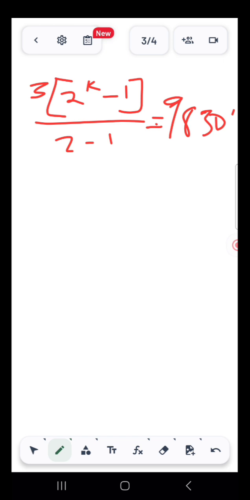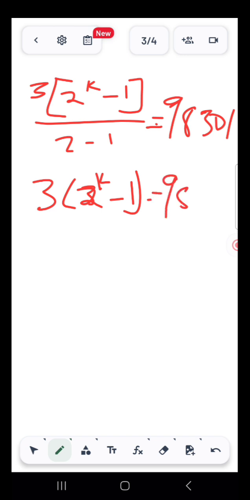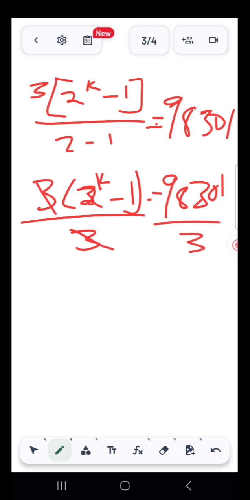Now we just solve. 2 minus 1 is 1, so we are remaining with 3 open bracket 2 to the exponent of k minus 1 close bracket, equal to 98,301. Divide both sides by 3, and keep the bracket.